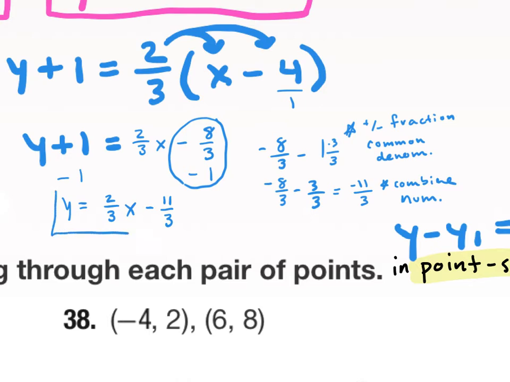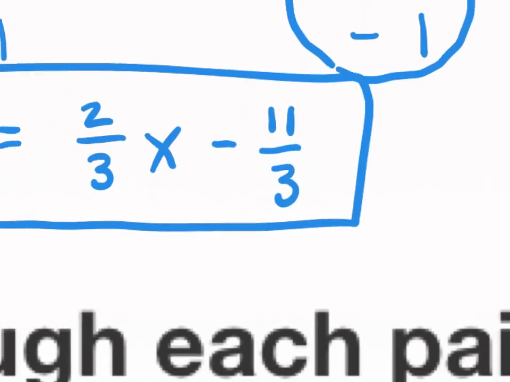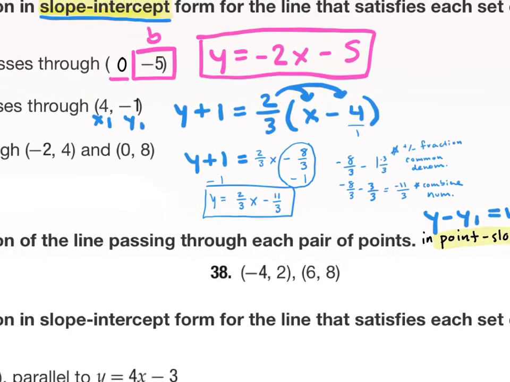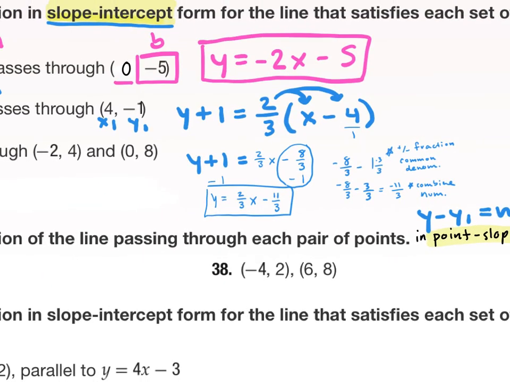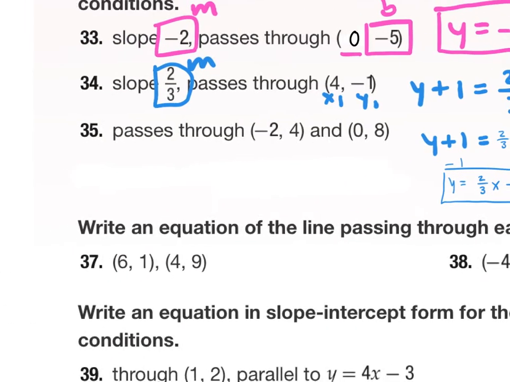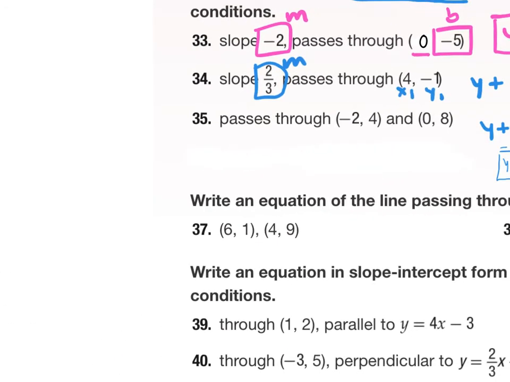So our final answer here is y is equal to 2/3 x minus 11/3. So that was 34. Any questions so far? No. All right, so let's look at 35 now.